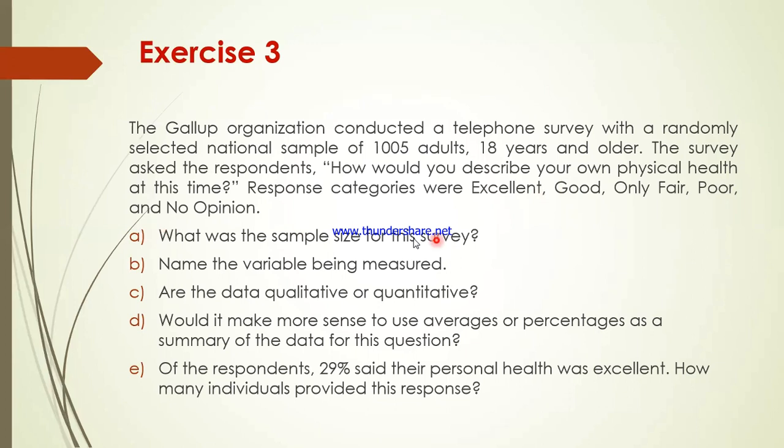If we rate as poor, then it is a very bad health status. No opinion is in between fair and poor. We can take it as in between the health status of fair and poor. Such kind of comparison we can make. Right.